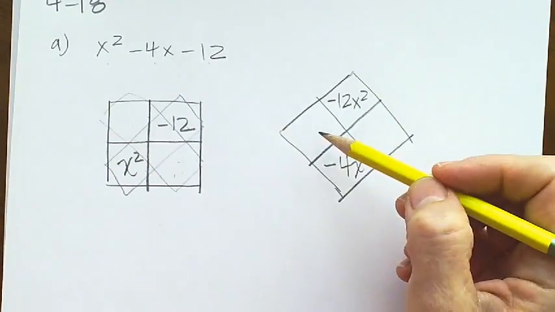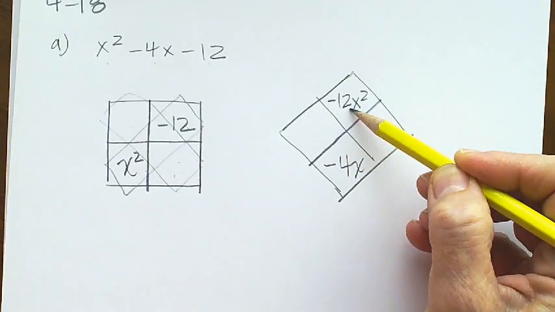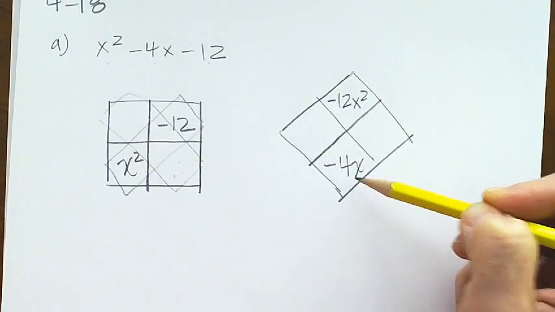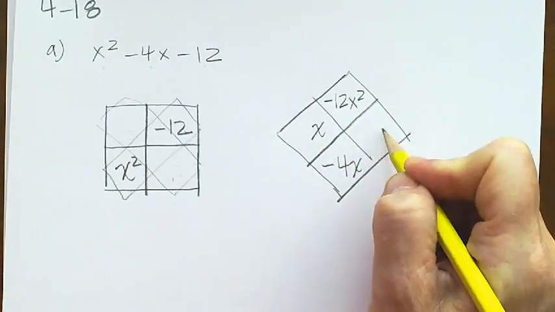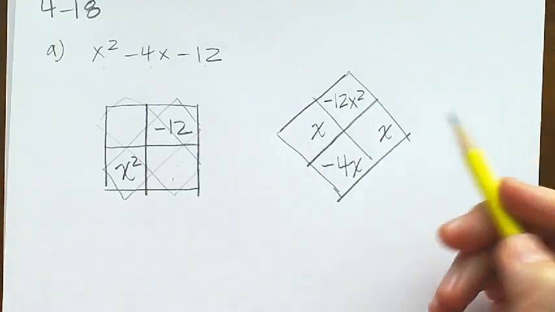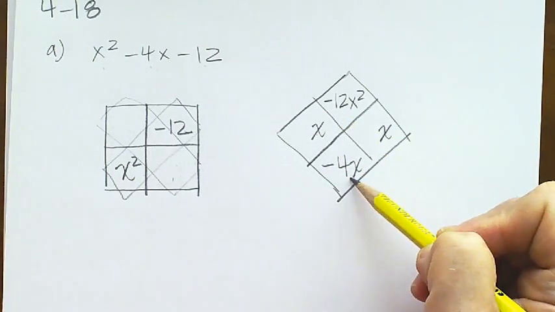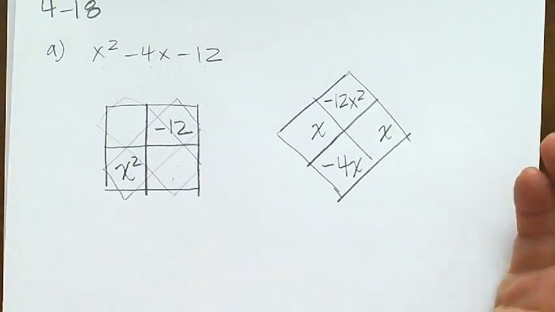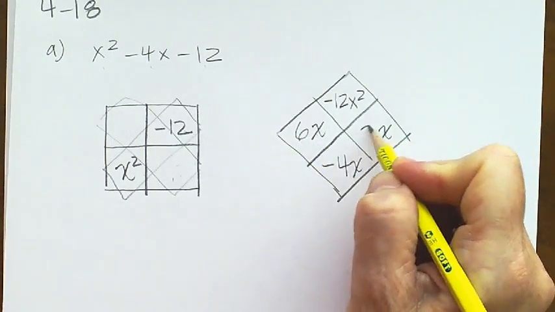Okay, so we're looking for 2 terms that when we multiply them we get -12, but when we add them we get -4. So you know it's going to be something that has an x with it for each term. What can I multiply to get -12, but when I add it I get a -4? You're probably thinking about 6 and 2. Let's try it.